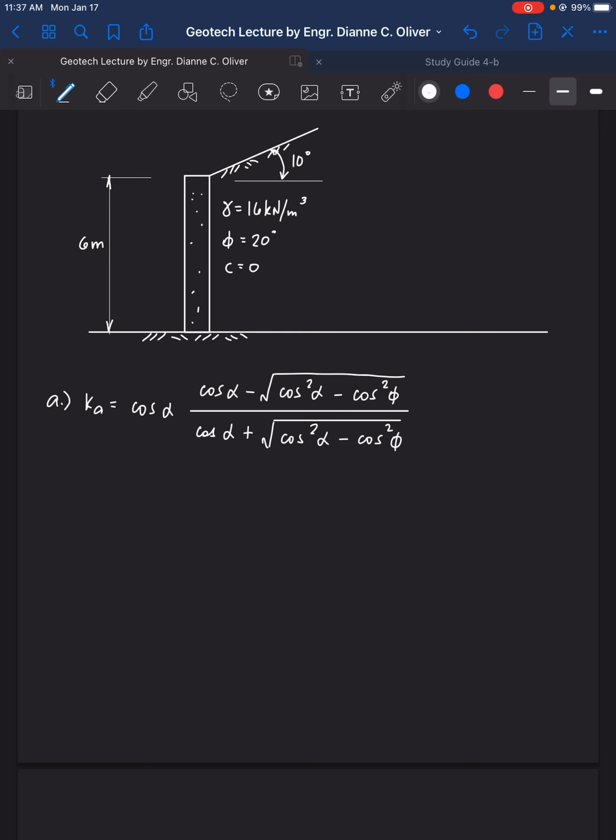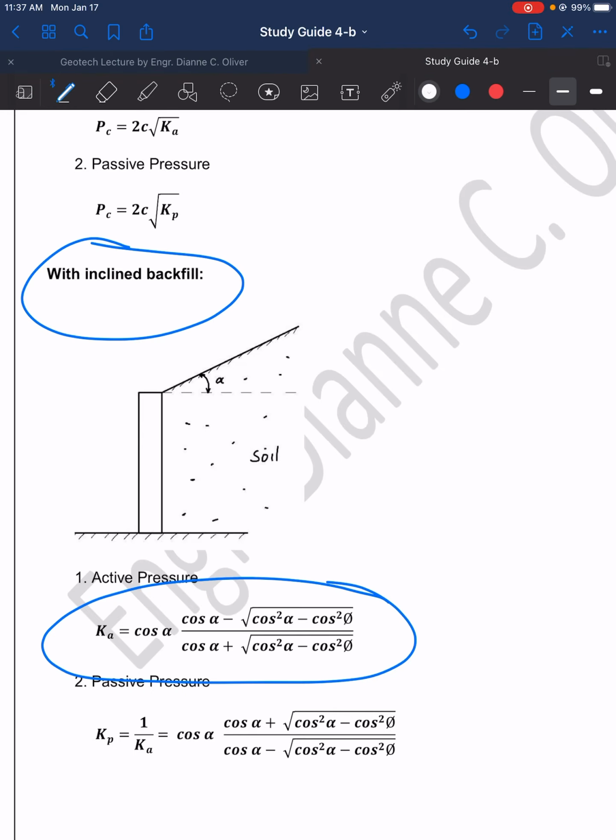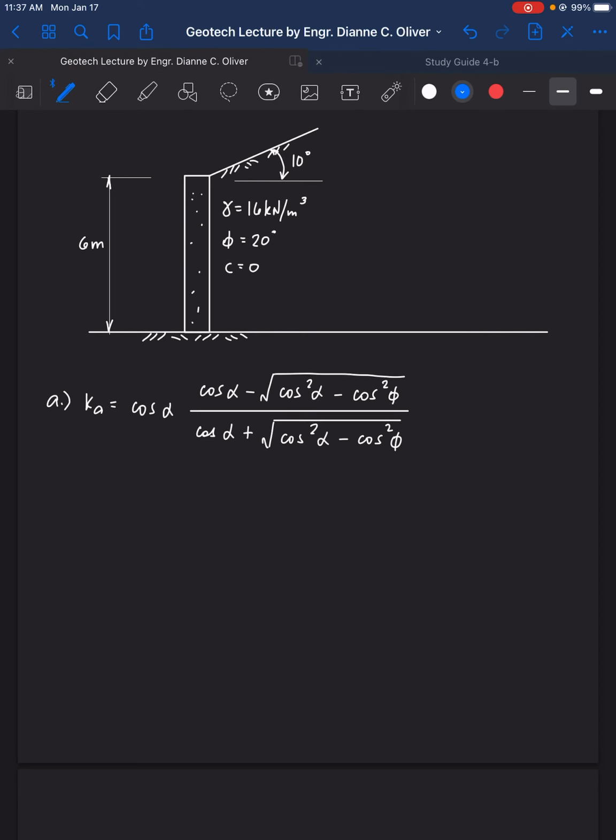So from our figure, alpha is the inclination of the backfill, and we are given phi, the angle of internal friction. So we just substitute all of them into the formula.